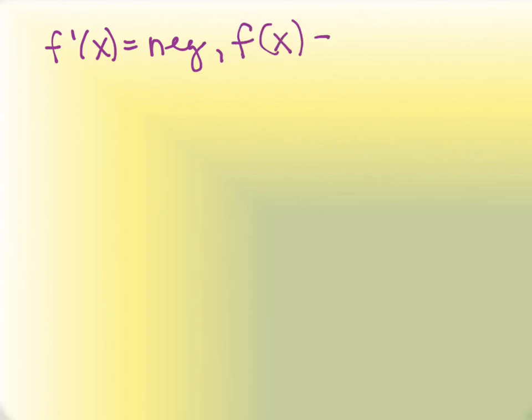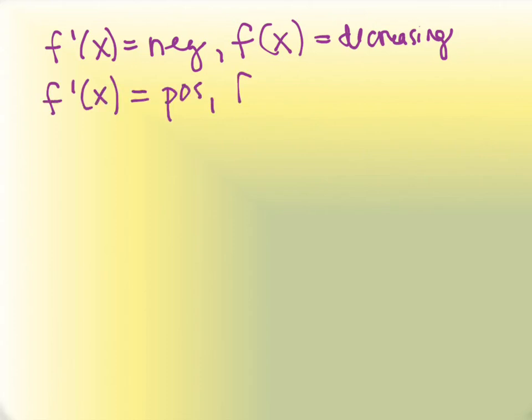So here's the deal. If f prime of x is negative, then f of x is doing what? Decreasing. And if f prime of x is positive, then f of x is doing what?